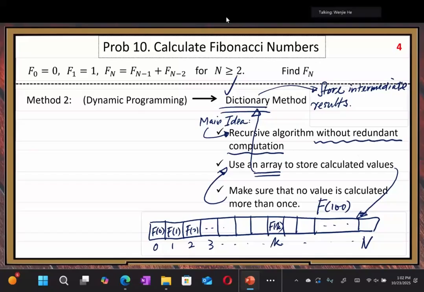Linear search is big O of n. Binary search is big O of log n. That's the difference. Huge.